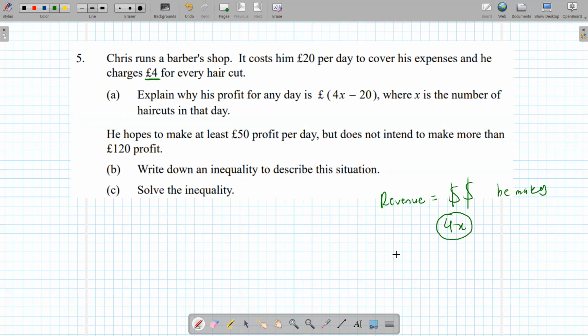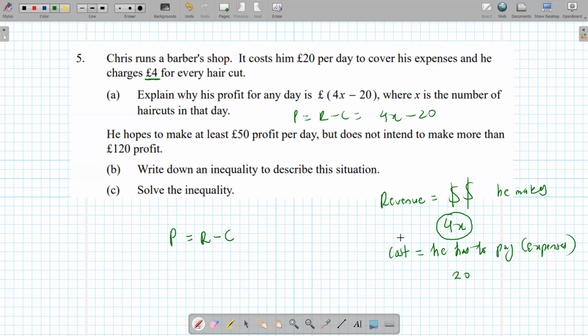And then there's something called cost. Cost is the money that he pays, usually in the form of expenses. So what's his expense? He has to pay $20. So cost is 20. Profit, P, is always revenue minus cost. That's how they got that. P is R minus C. Revenue is 4x, cost is 20. Profit is the net money that he makes, or that he keeps. All of this goes into his pocket.